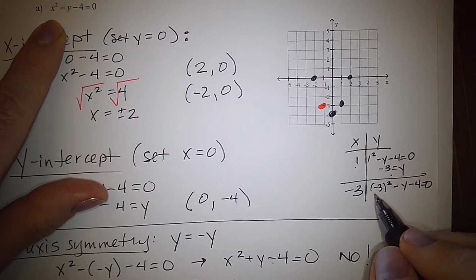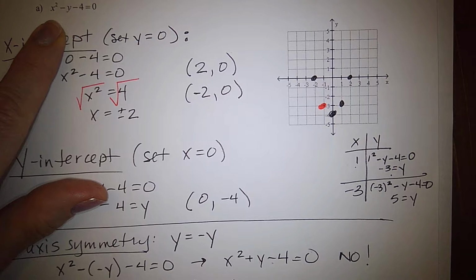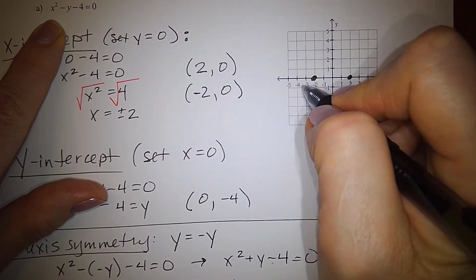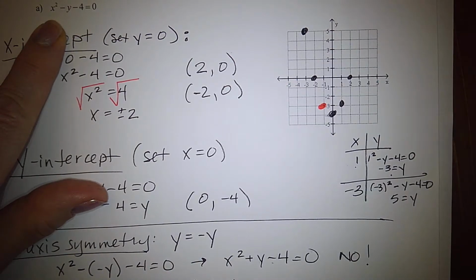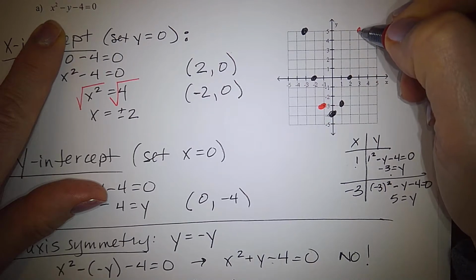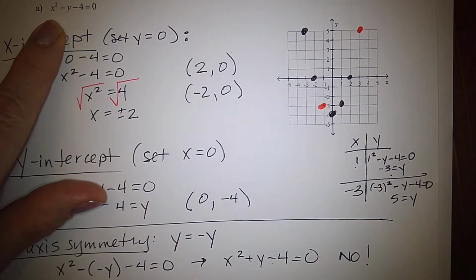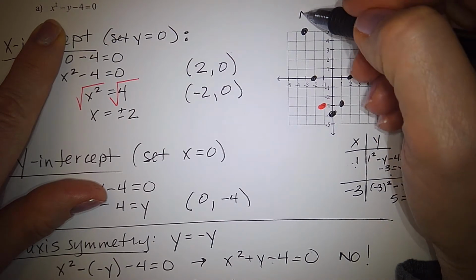So that's 9 minus 4, which is 5, equals y. So I'll have a point at -3, 5 on my graph. And I don't have to find another point because I know it's symmetric to the y-axis. So that means this point will also be on my graph. So for every point you find, you automatically know a second point on the graph.